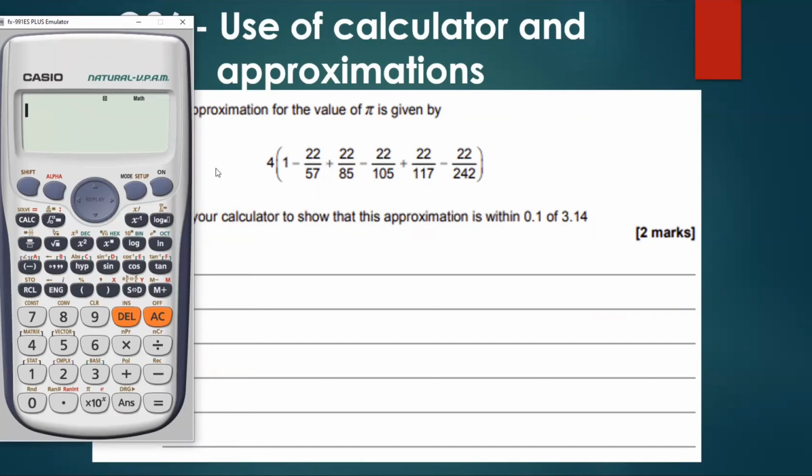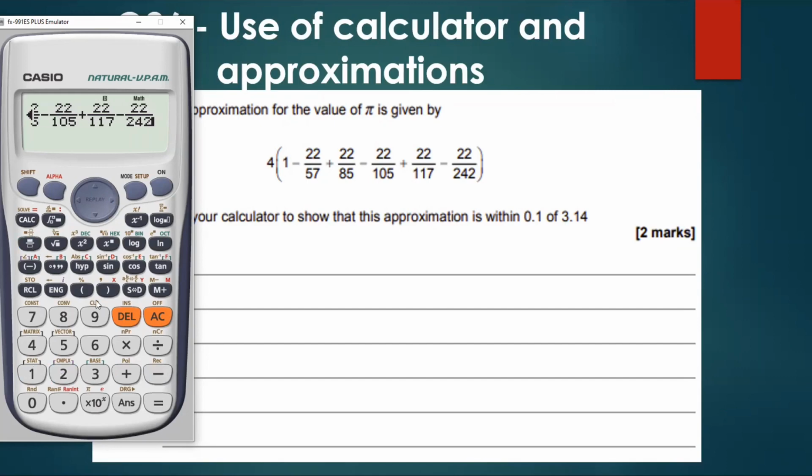So we would need to put this into our calculator. A little bit of an awkward silence for a minute whilst I put this in, so I don't want to muck anything up. So I've got 22 over 85 minus 22 over 105 plus 22 over 117 minus, making sure that you click that little arrow, minus 22 over 242.